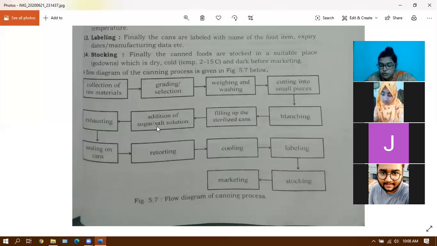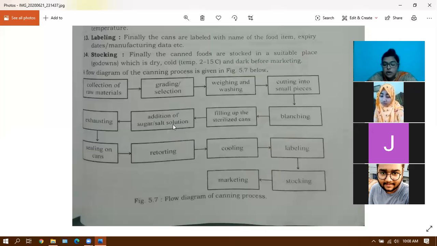The next is addition of sugar or salt solution. In this process, salt or sugar solution is added to the cans. But here are conditions. Different foods, vegetables need different preservations or different solutions.